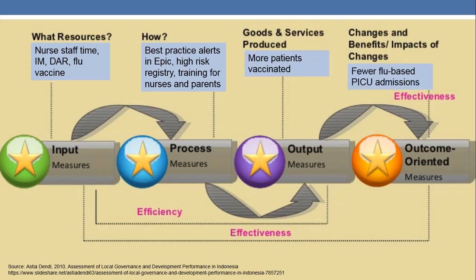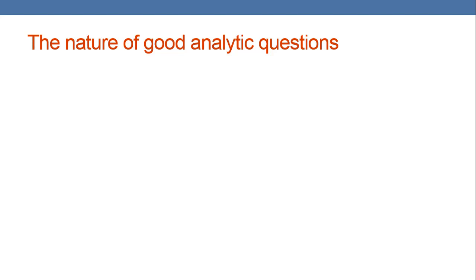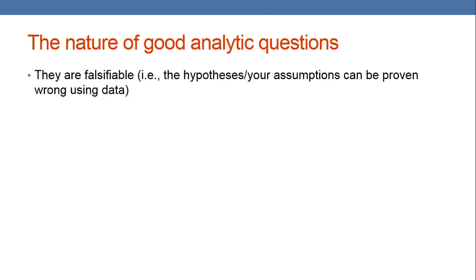And what did we get? Fewer flu-based PICU admissions. So that was our design. That was our intervention theory. And it pretty much went the way we expected it to, with some hiccups, which I explained earlier. So the nature of good analytic questions is very, very much tied to the notion of having a coherent intervention theory.